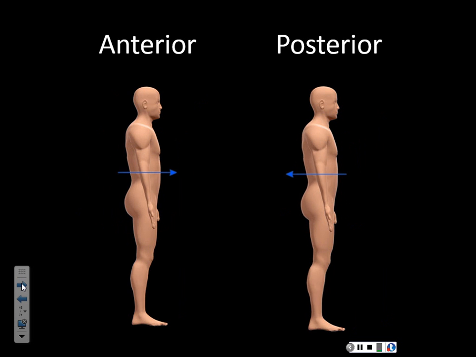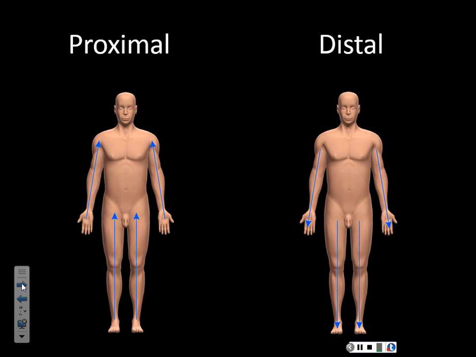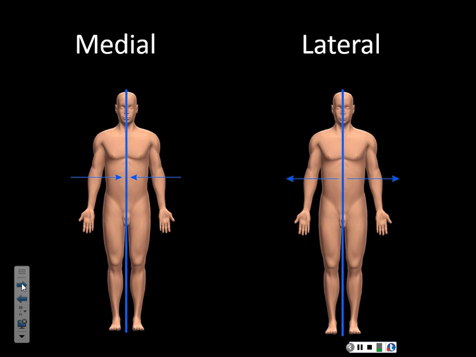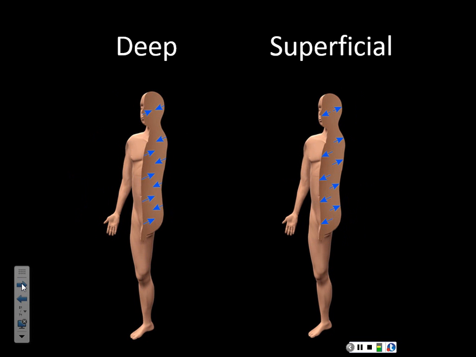Which is ventral and dorsal. All right. And then proximal is in relation to the head, and distal. All right. Proximal and distal, and then of course medial towards the center, lateral away from the center. All right. So that's how we should start to use those terms.